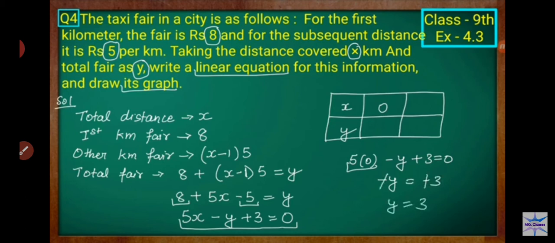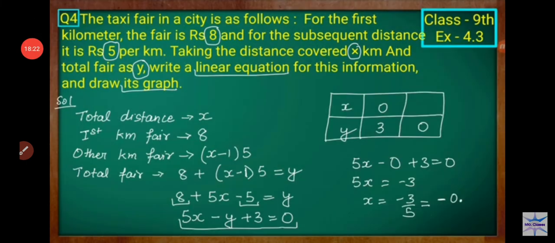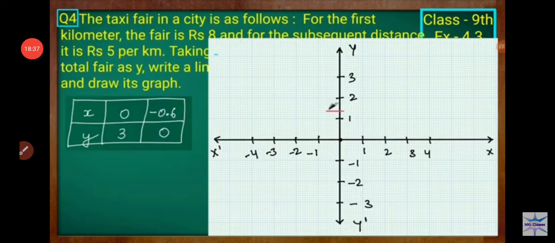Okay, now the second one is putting the value of y is equal to 0. Then what is the value of x? The value of x is 0.6. Okay, so now put these values in the Cartesian plane.